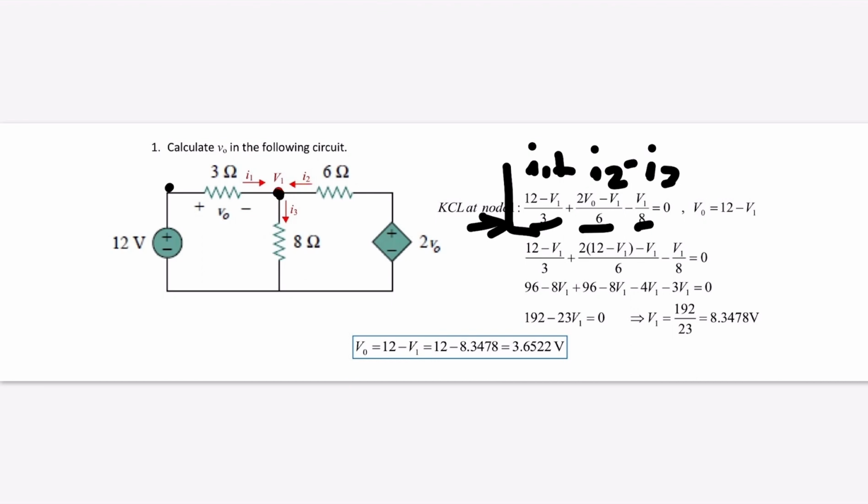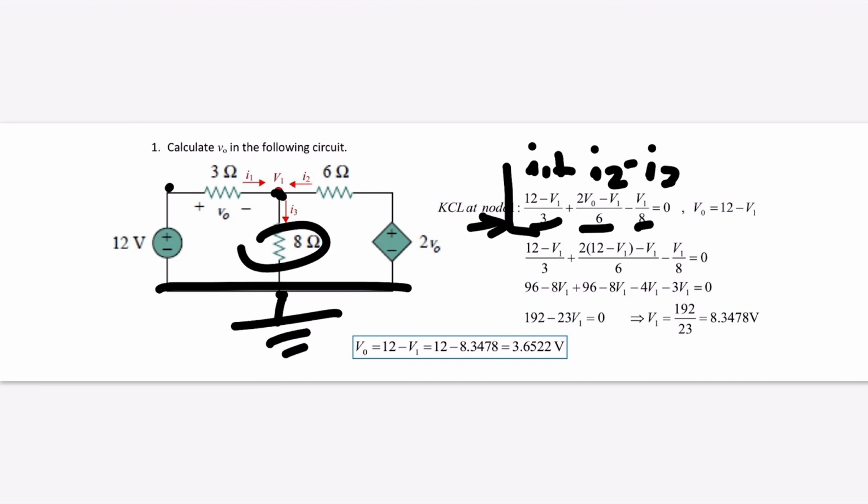The initial point is V1, and the final point is ground, so it's 0. Instead of writing V1 minus 0 over 8, which is the resistance between them, I'm just going to write V1 over 8. That is our value for I3, all equal to 0.